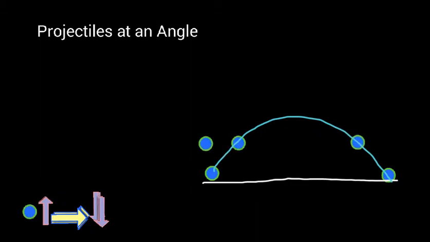You'll notice I'm putting some of these objects at key locations. This is the same projectile moving through this entire path. Let's say this is where it is at time equals 0, and then after 1 second it's at this location, and after 2 seconds it's at this location.